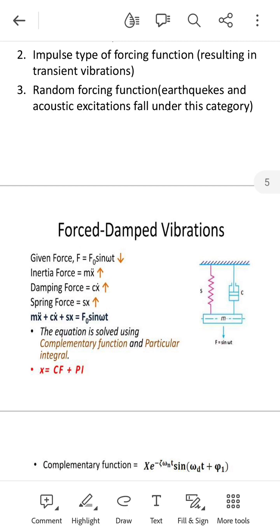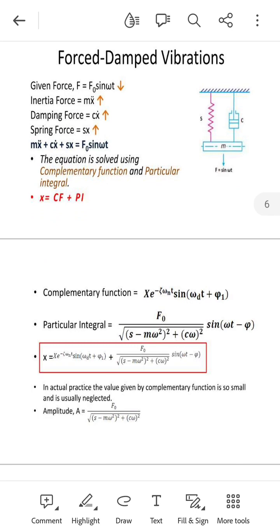The equation is solved by the complementary function and a particular integral. x = CF + PI, the complementary function plus the particular integral. The complementary function is x = X e^(−ξ ωn t) sin(ωd t + φ1). The particular integral is F0 divided by the root of [(s − mω²)² + (cω)²] times sin(ωt − φ).